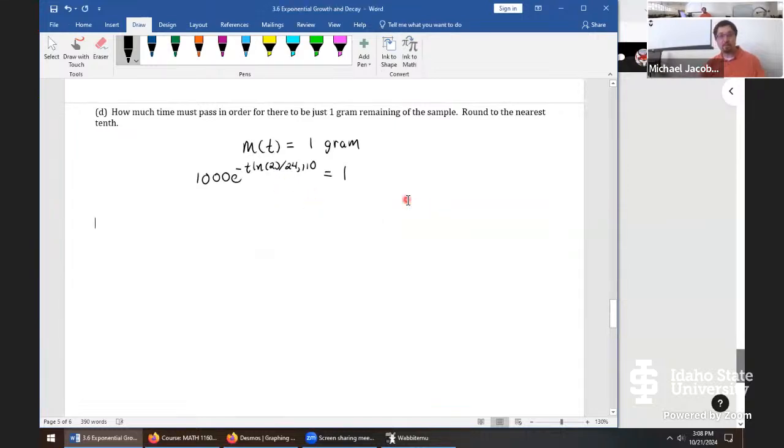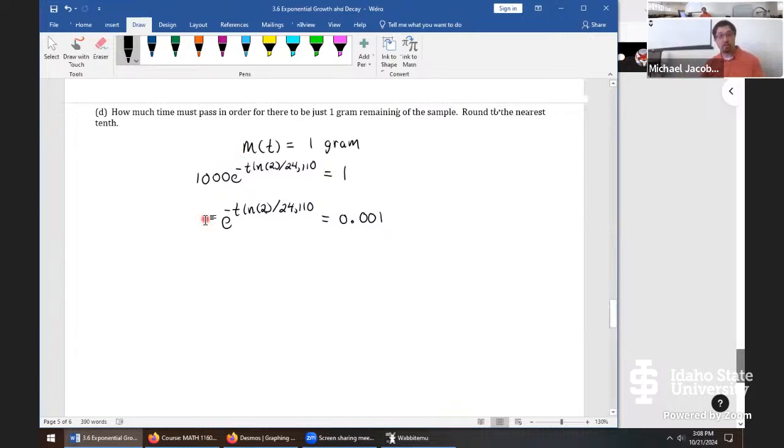And same exact steps as before. We first divide by 1,000, then we'll take the natural log of both sides. So on step 1, we've divided by 1,000 on the left-hand side, so it's now just e to the negative t natural log 2 divided by 24,110, which is equal to 0.001, 1,000th.